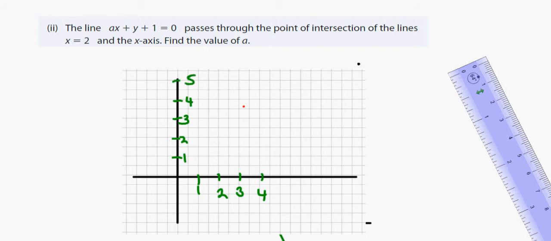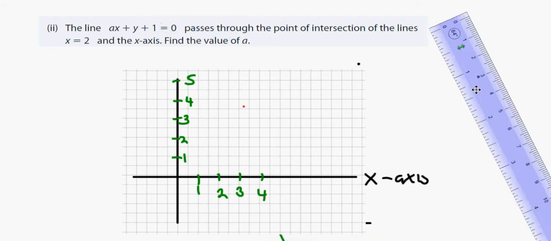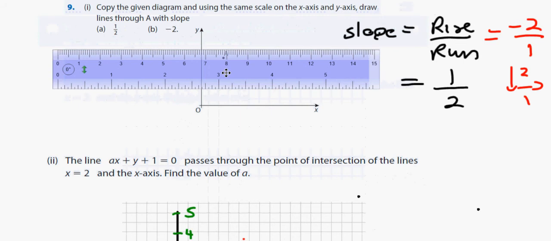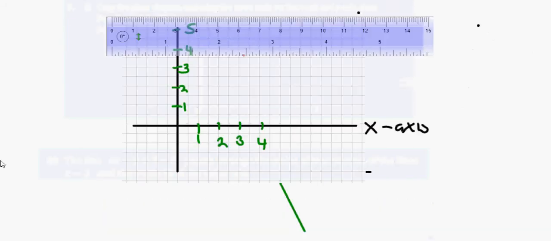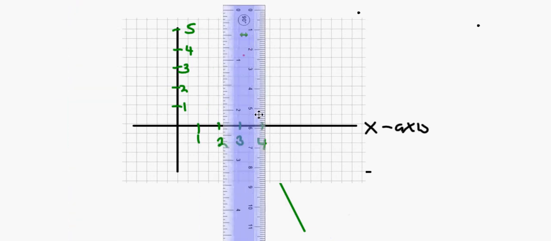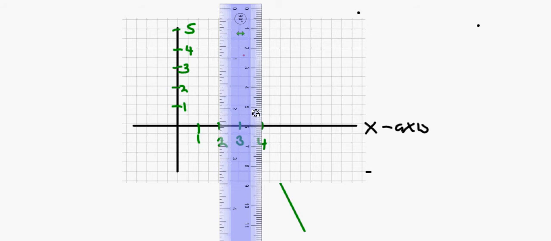Now what this question is asking is the line passes through the point of intersection of the lines x = 2 and the x-axis. Well, this is the x-axis here, and the line x = 2 is basically a line where all the points have x value 2. So we just want to draw a line straight through x = 2, like so.